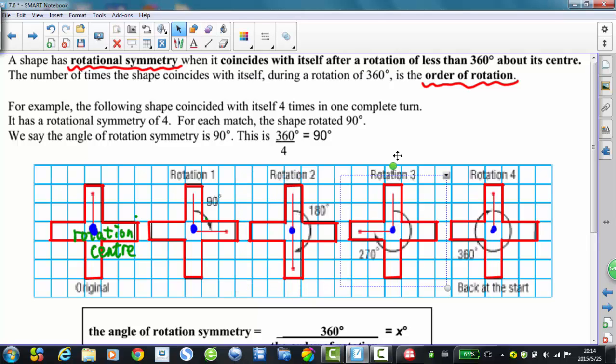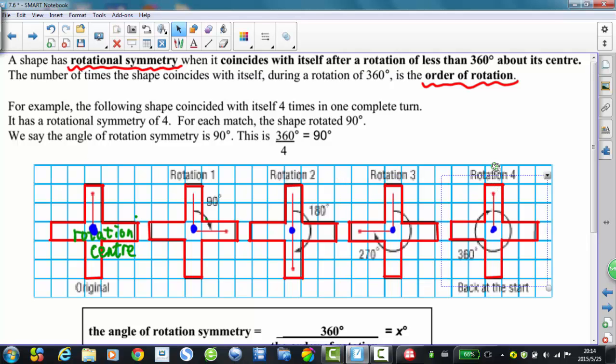Let's look at the third rotation, where I want to rotate 270 degrees clockwise. One time for 90, the second time for 90, the third time for 90. So after I rotate 90 degrees 3 times, this cross symbol still can overlap with its original shape. Let's look at the last rotation.